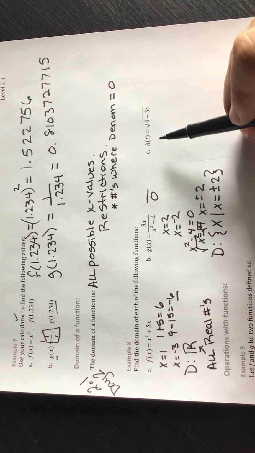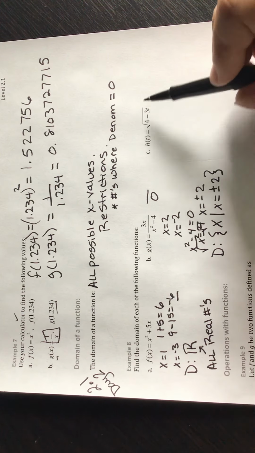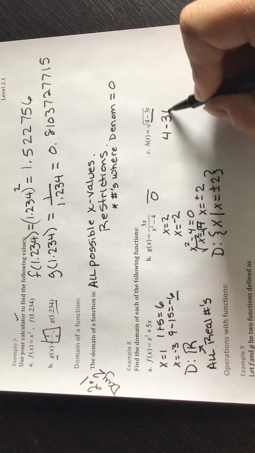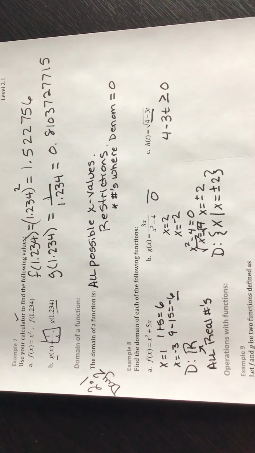And if we look at example C, we have numbers inside of a square root sign. And we know that the numbers inside the square root sign have to be positive numbers or 0. They cannot be negative. So to find out if we have any negative values, I'm going to take this function that's inside the root sign, which is 4 minus 3t, and I'm going to say that those values have to be greater than or equal to 0.